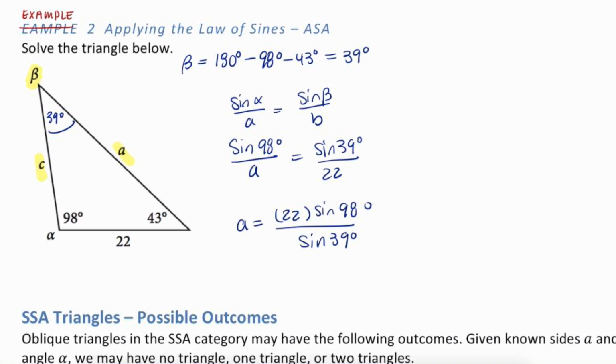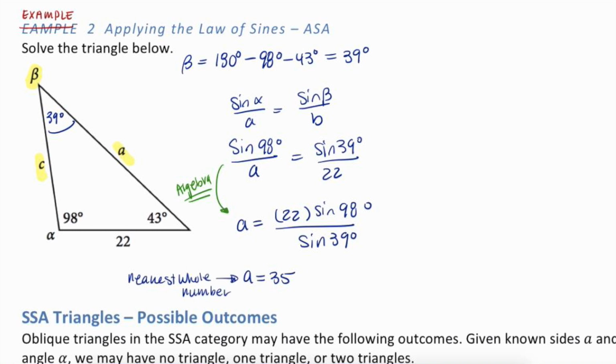And I skipped the algebra here. So using my calculator, I end up with A equals about 35. And I'm rounding to the nearest whole number.